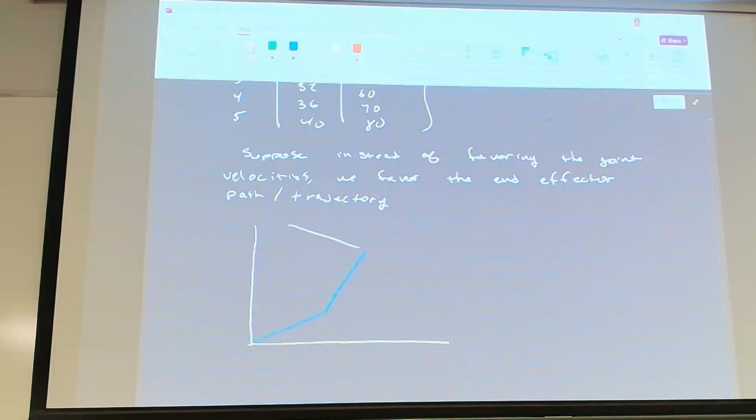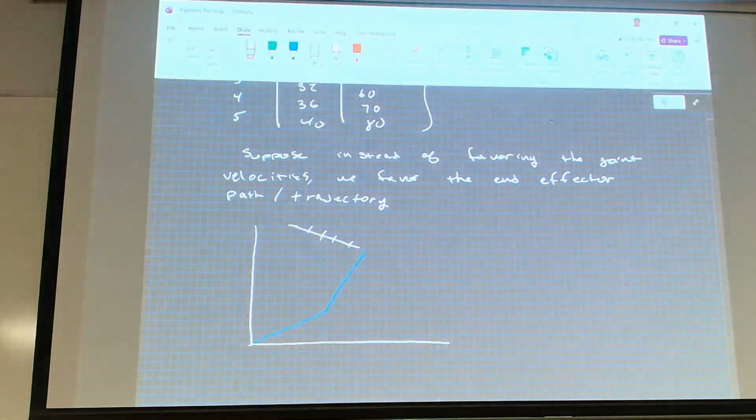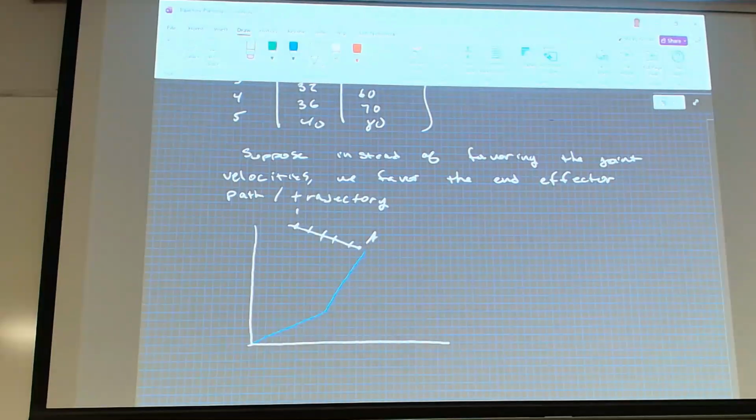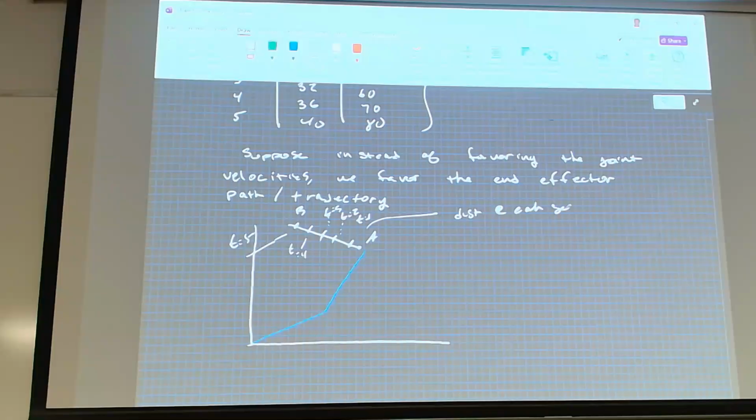And I'm going to draw this at a slight angle this time, just to illustrate the point. We want, as we go A to B, each one of these distances, so this is like I say, t equals 1 second, t equals 2 seconds, t equals 3 seconds, t equals 4 seconds, t equals 5 seconds, so that the distance at each second is constant.